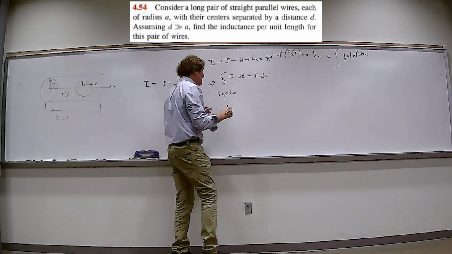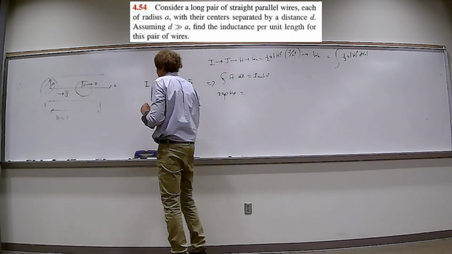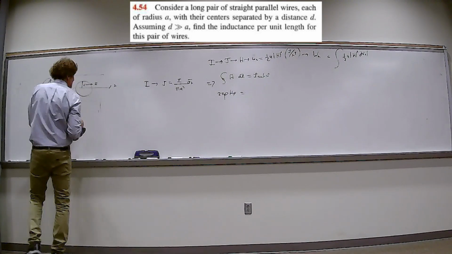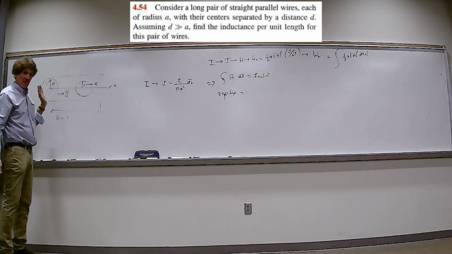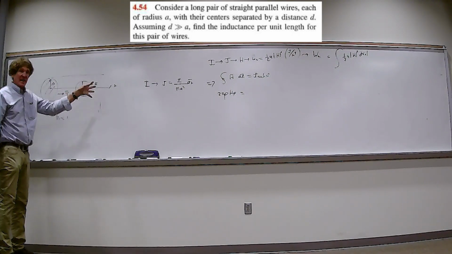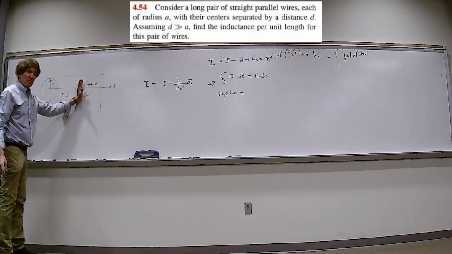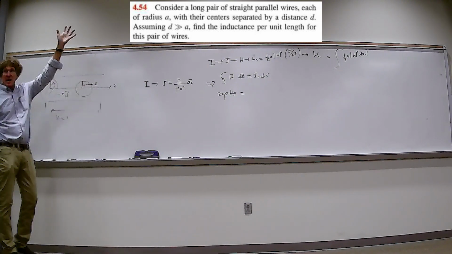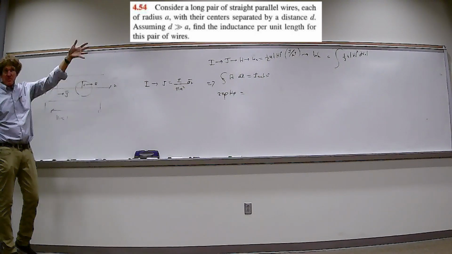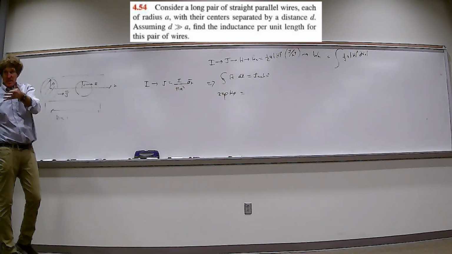Now on this side, how much current is penetrating that? Remember, this current density J is a constant, right? So if we take the current density, amps per meter squared, and we simply multiply it by the cross-sectional area of a loop of radius rho, we would get the current. How many see that? All right.